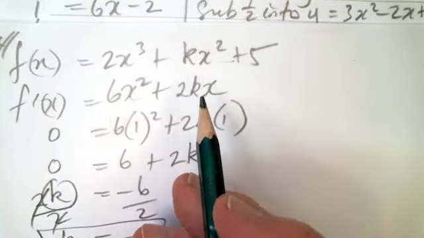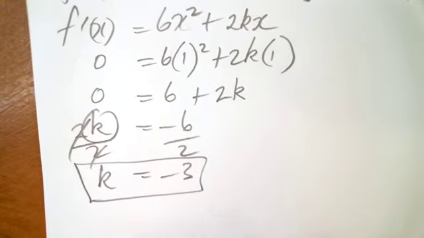We should have two values. One of the values should be x is 1, which is the minimum, and the other value should be the maximum. Let's see how that plays out. Here's our f(x) again, and this time we've got a value for k.